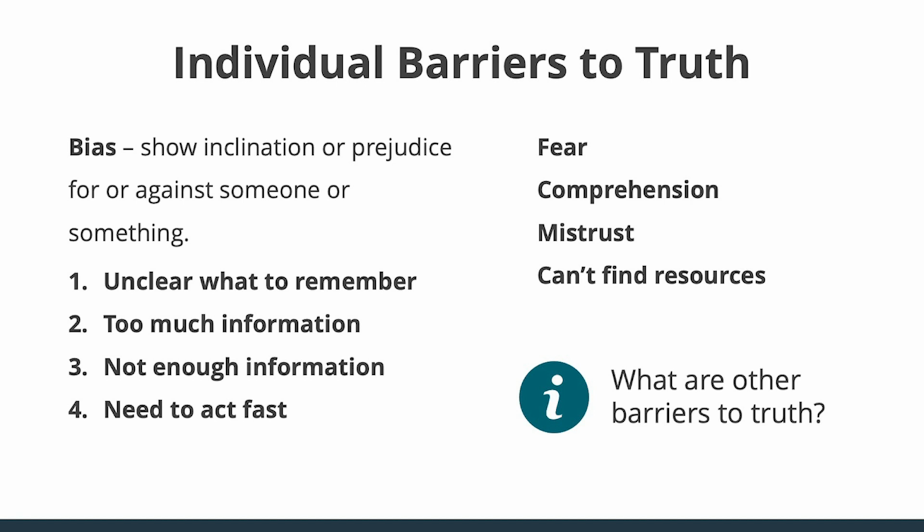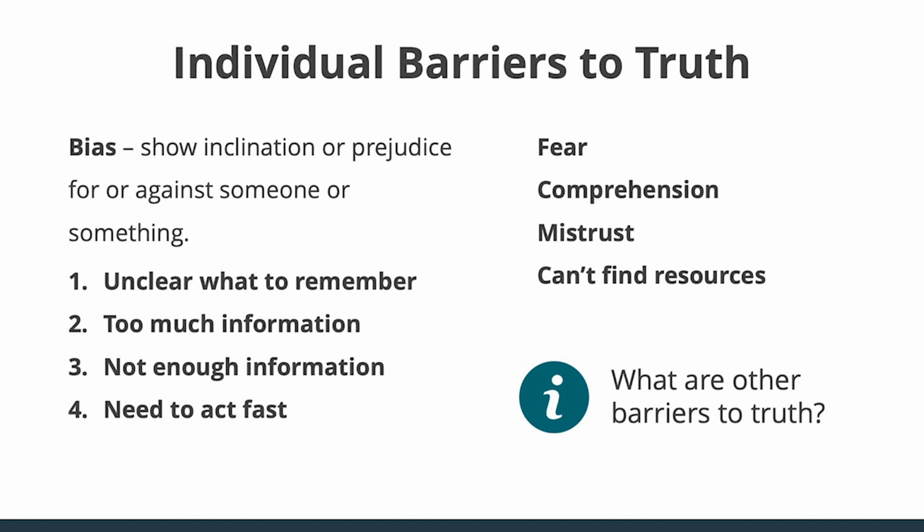So maybe it's a particular perspective on a treatment that you've already established in your mind. These biases are categorized into a couple of categories. Some originate from not being sure what to remember. There's a lot of information, so your bias kicks in and you remember what you're used to, for instance.